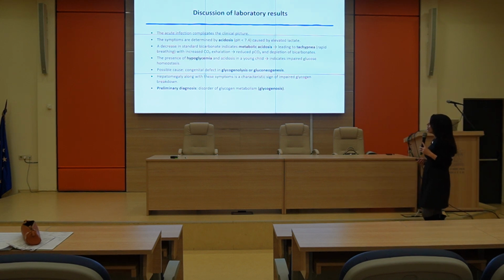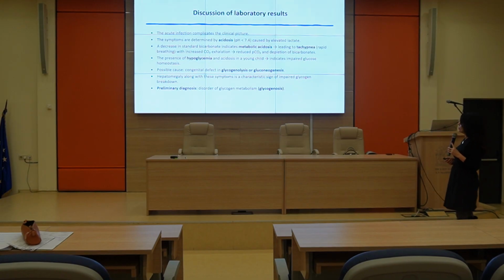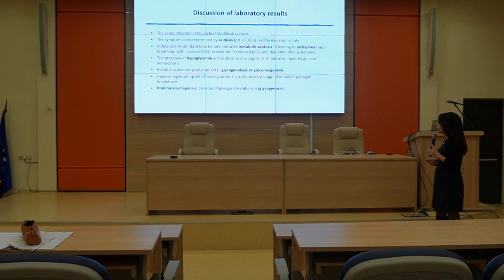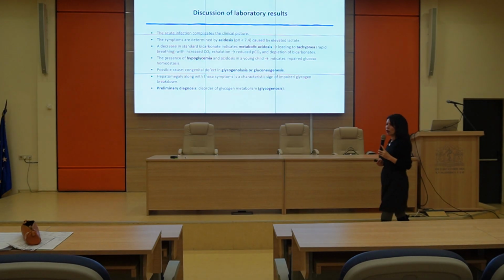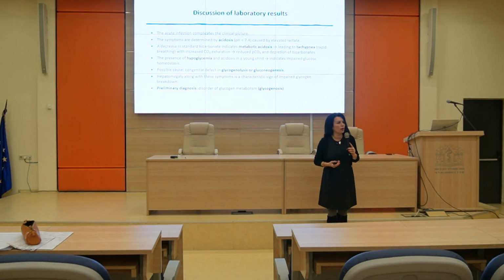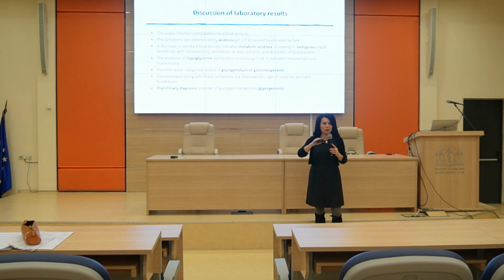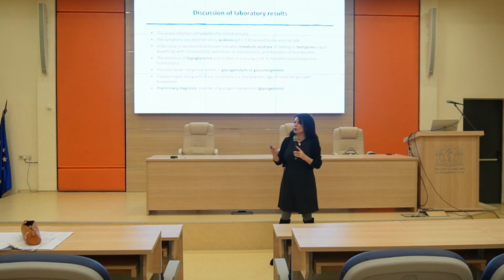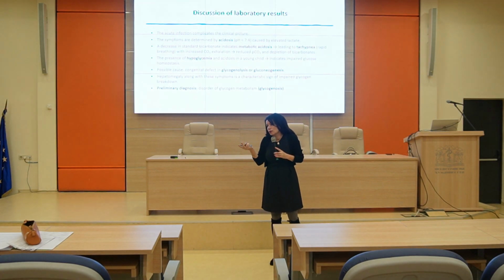The presence of hypoglycemia and acidosis in a young child indicates impaired glucose homeostasis. Why? We said in the beginning of the lecture, how can we maintain the glucose in the blood? Except carbohydrate food, glycogenolysis and gluconeogenesis.